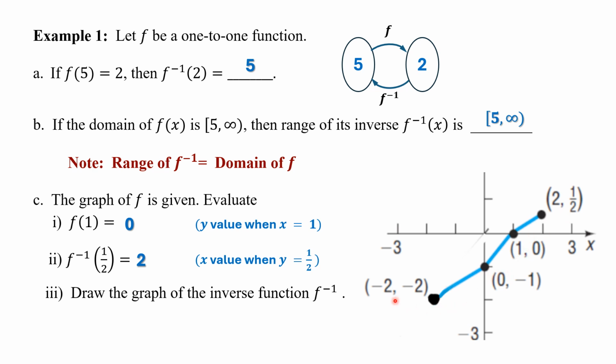For example, in this (-2, -2), if we interchange the x and y, it will be the same point, which is (-2, -2). And then for (0, -1), we interchange this, so it will be (-1, 0). And then (1, 0) will be (0, 1). And then (2, 1/2) will be (1/2, 2).